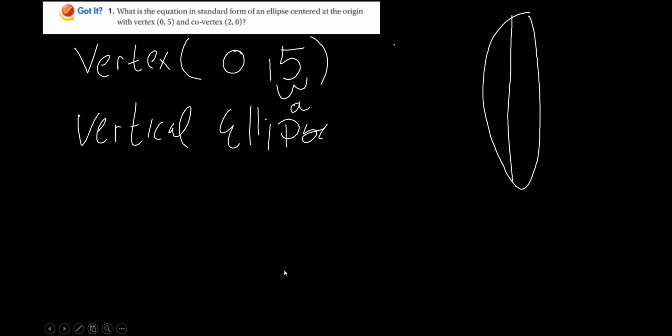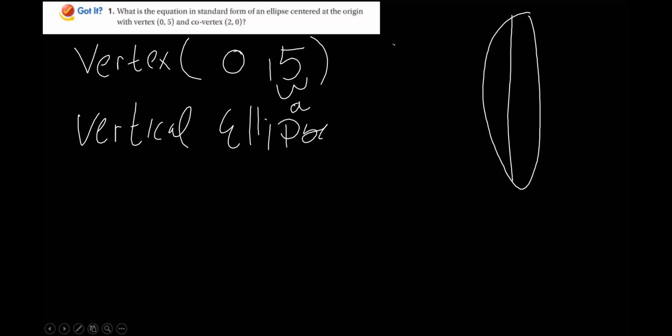I'm talking about A, and since A is on the Y coordinate, the major axis is on the Y axis, so it will be a vertical ellipse.